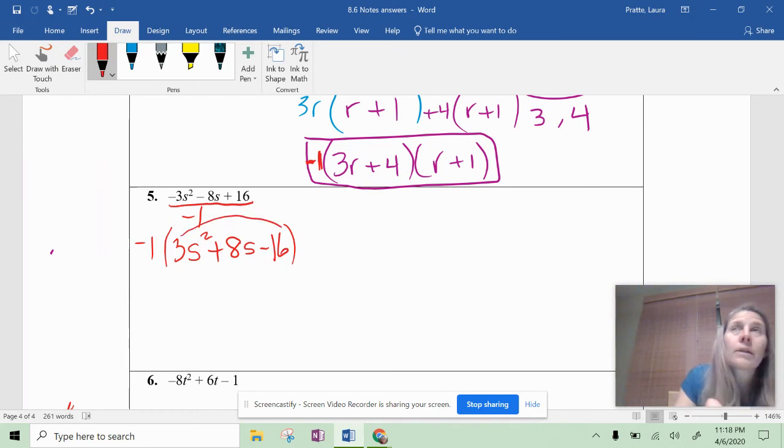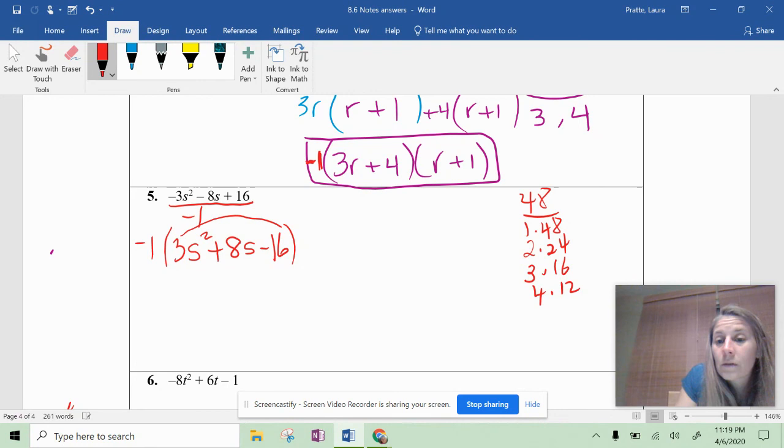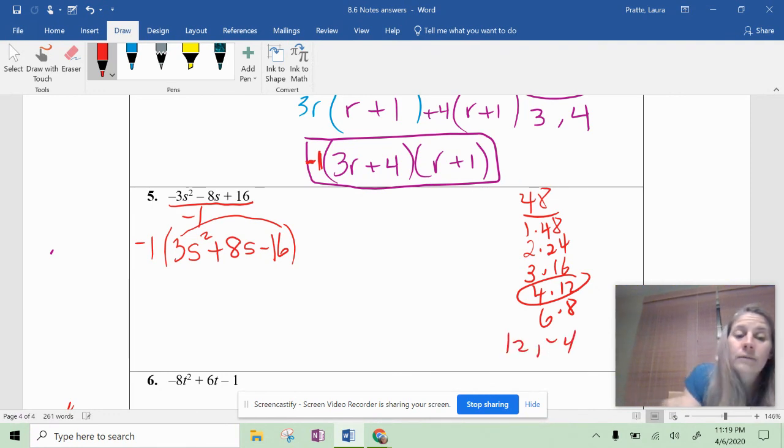So 3 times 16 is 48. So you're going to look up your factor chart. Look up all those factors of 48. Okay, and which pair subtracts to get 8? 12 and 4, and it's a positive 8, so positive 12 and -4.